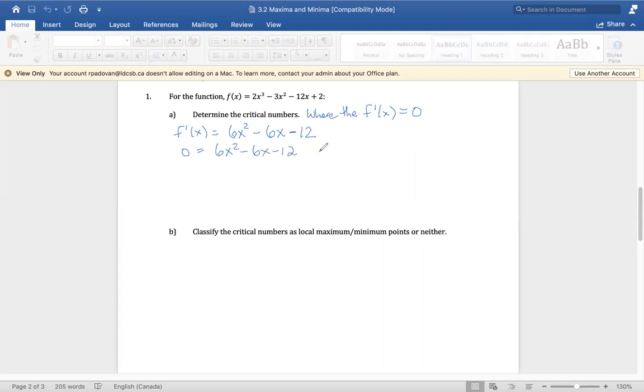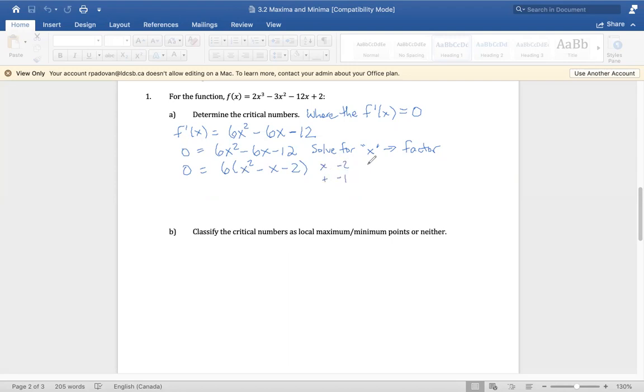Right, so in order to solve for x, how do I do that? How have we been doing that? Is there any type of factoring I can do here? GCF first. So I can't take out an x, but I can take out a 6. So then I would be left with x squared minus 1x minus 2. So within that simple trinomial, I'm looking for product and sum, two numbers that multiply to -2 and add to -1.